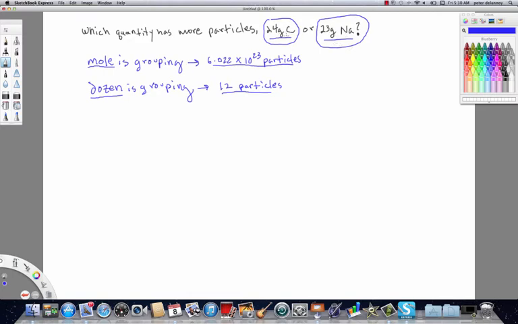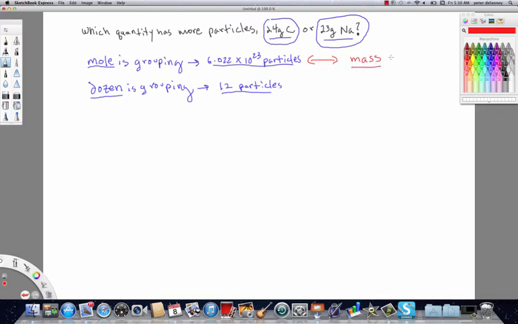It's not the kind of thing that we could count. So in terms of chemistry, what's been done is we've combined the concept of the grouping with mass.